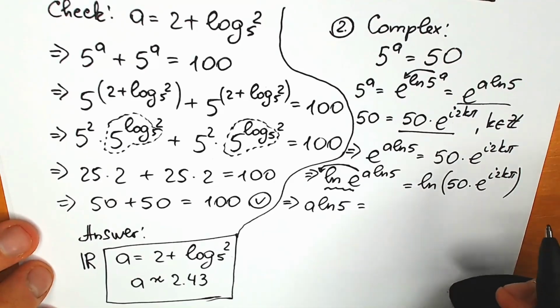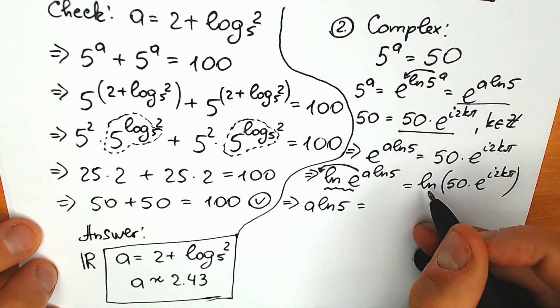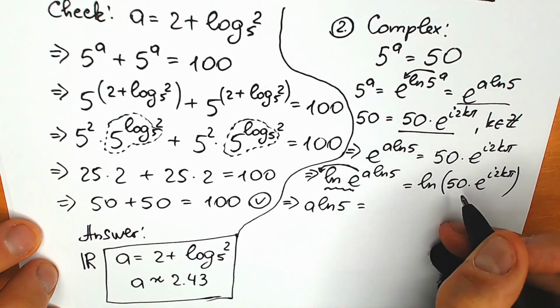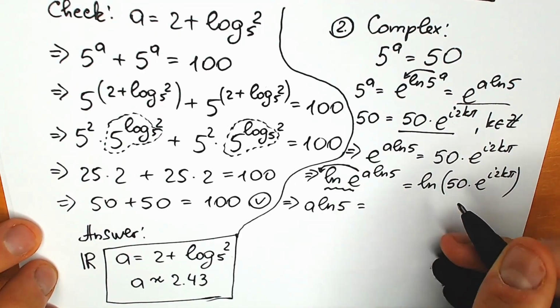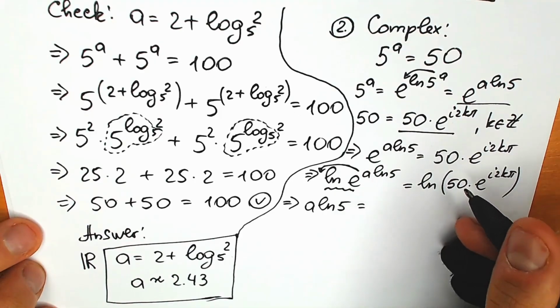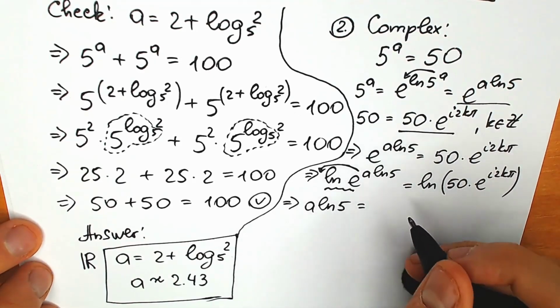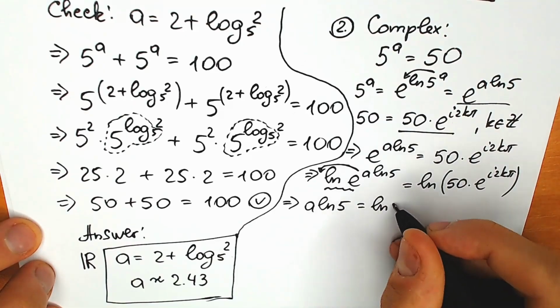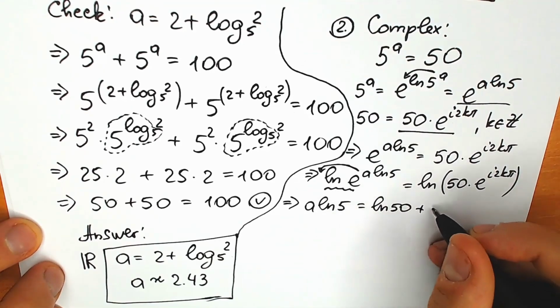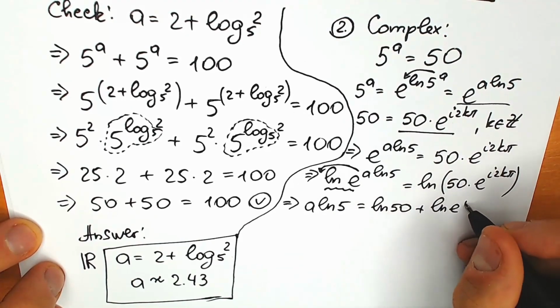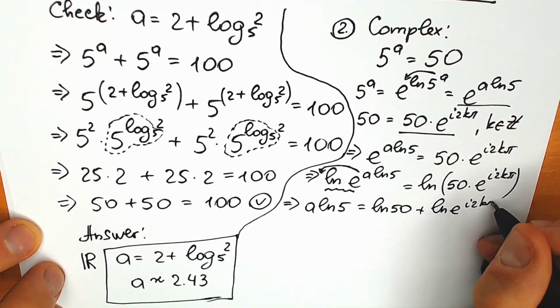On the right side we can apply the log rule once more, because we have a natural log with a product in parentheses, so we can split it into a sum of two logs. So we have natural log 50 plus natural log of e to the power i 2k pi.